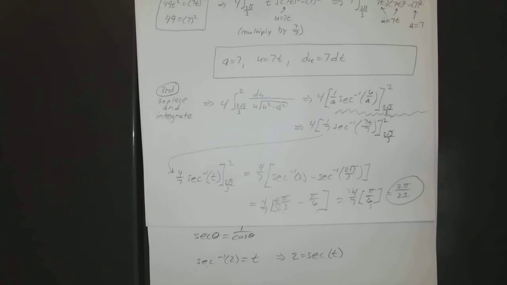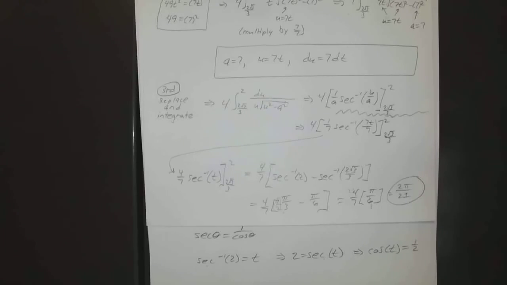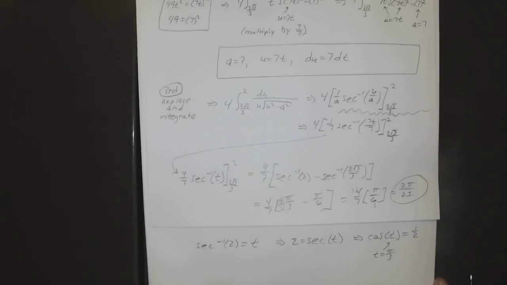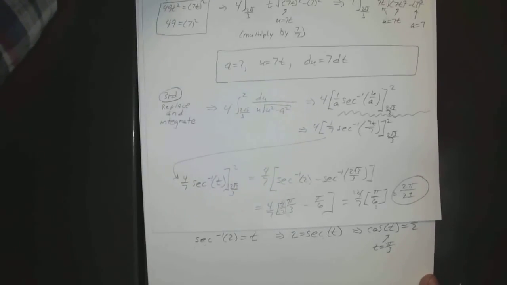Well, secant of t is equal to 2, then that means that the reciprocal of secant, which is cosine of t, will be equal to the reciprocal of 2, which is 1/2. So this is true when t is equal to pi over 3.